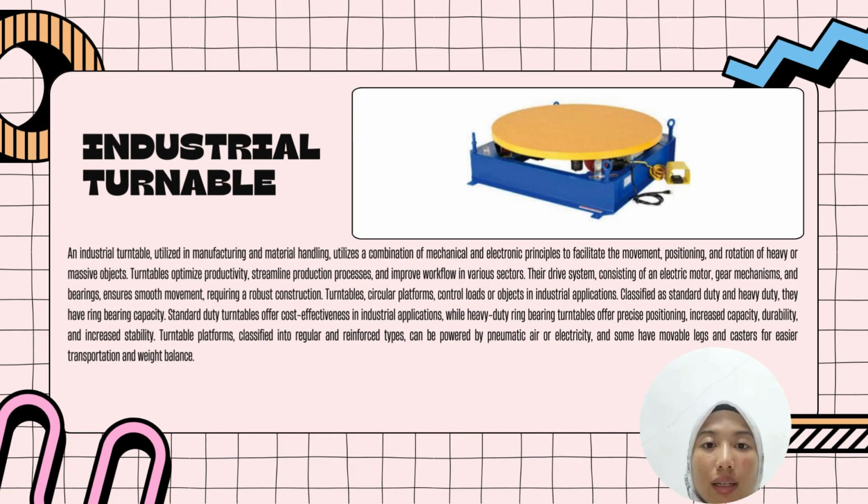Industrial turntables are utilized in manufacturing and material handling, and use a combination of mechanical and electronic principles to facilitate the movement, positioning, and rotation of heavy or massive objects. Turntables optimize productivity, streamline production processes, and improve the workflow in various sections.